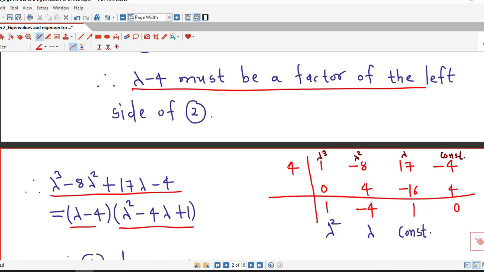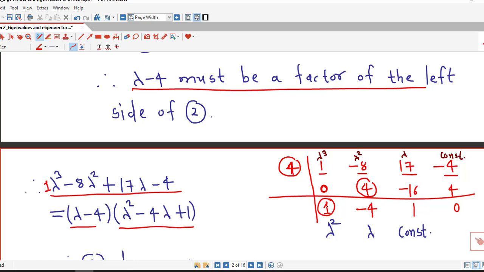Here we write down one root which we have obtained, that is 4, and here we have written coefficients of powers of lambda from this. Here coefficient of lambda cube 1, then minus 8, 17, and minus 4. We will write here 0 always, and we add these two. So 1 plus 0 is 1, and whatever we obtain here, that will be multiplied with this 4, and we obtain 4 here.